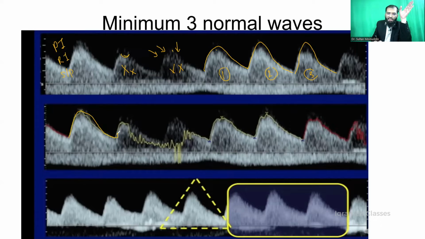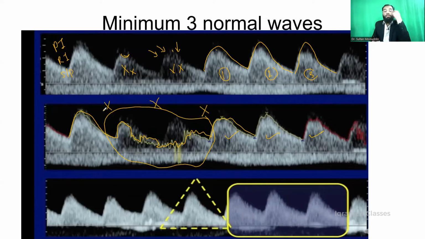It would trace this, then it might trace this waveform, then this waveform, and so it traces three waveforms. Although these three waveforms are correct, what is going to happen? Our readings would be abnormal, our readings will not be correct. If automatic trace includes these waveforms and such readings are recorded, then your PI and RI would be abnormal.